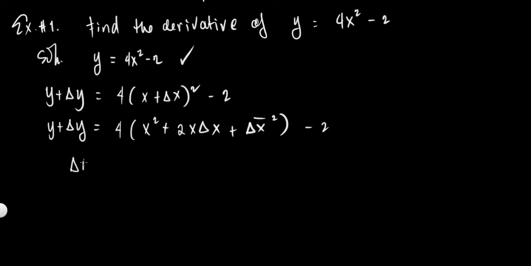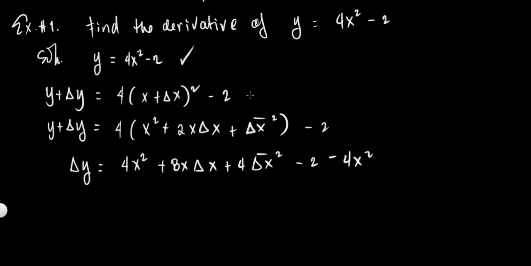So we have delta y equals, we distribute the 4. So 4x squared plus 8x delta x plus 4 delta x squared minus 2. Then transposing the y, we have positive 4x squared minus 4x squared, negative 2, positive 2.